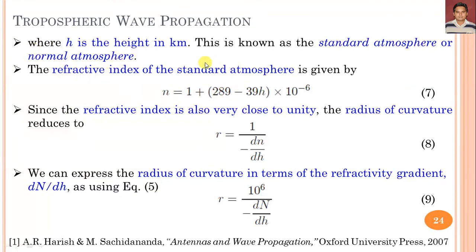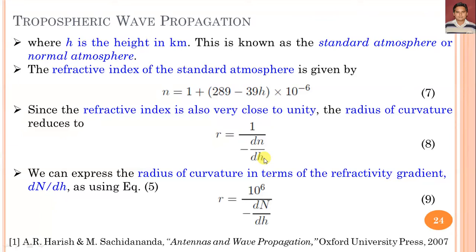If the refractive index of the standard atmosphere is represented by expression 7, and the refractive index is very close to unity, the radius of curvature reduces. We can say r is the curvature radius, equal to 1 upon 1 minus dn by dh.